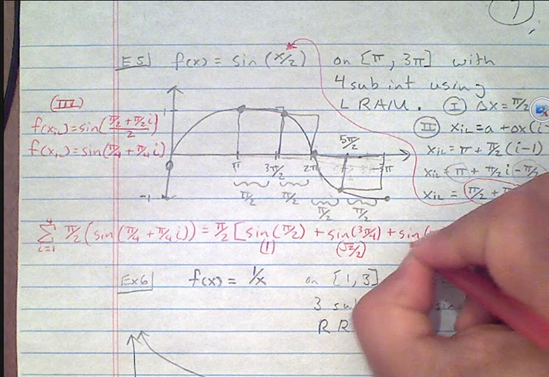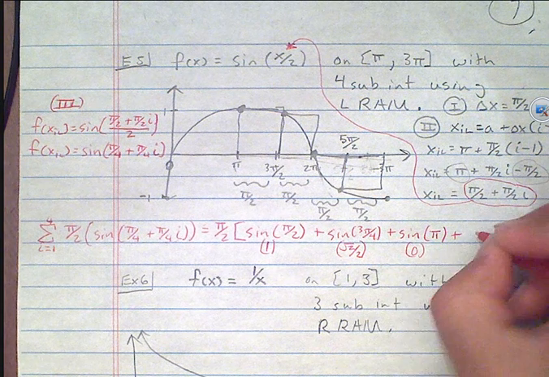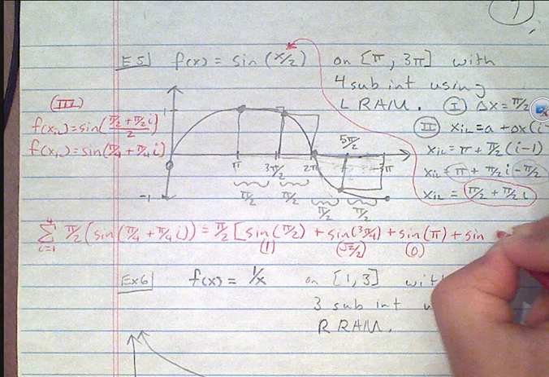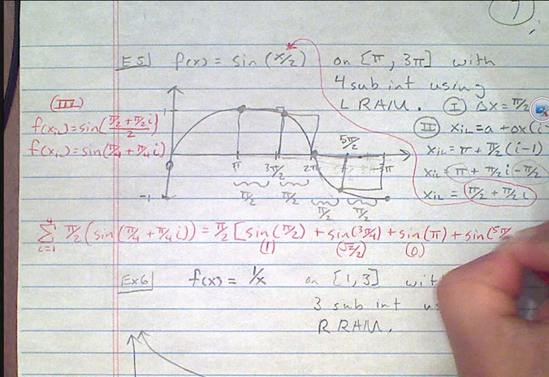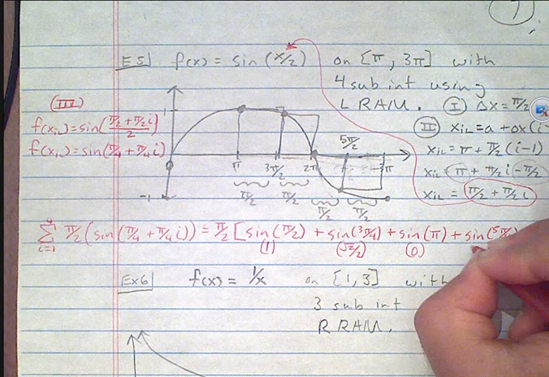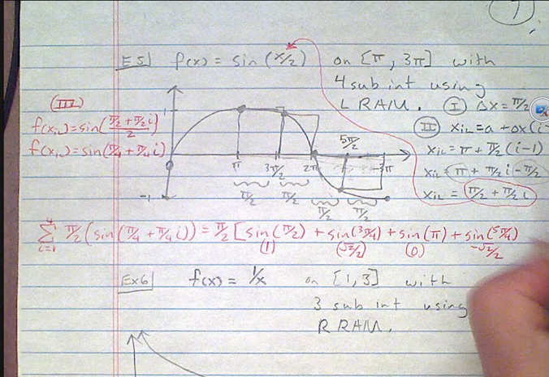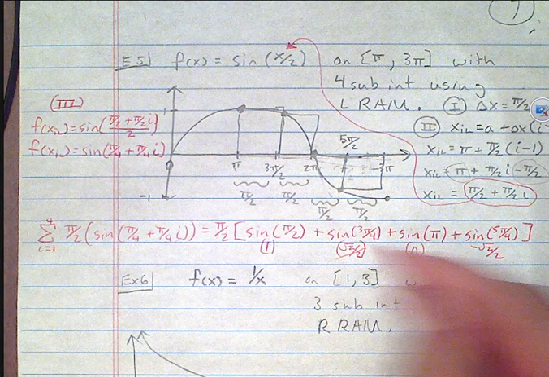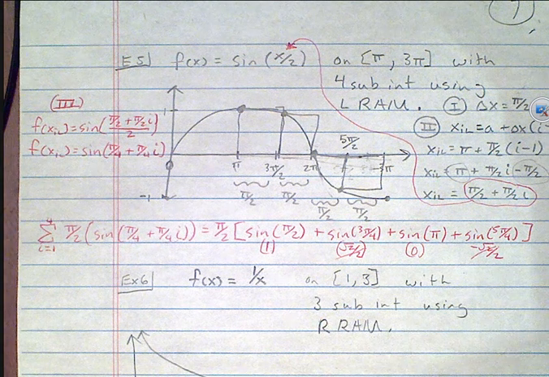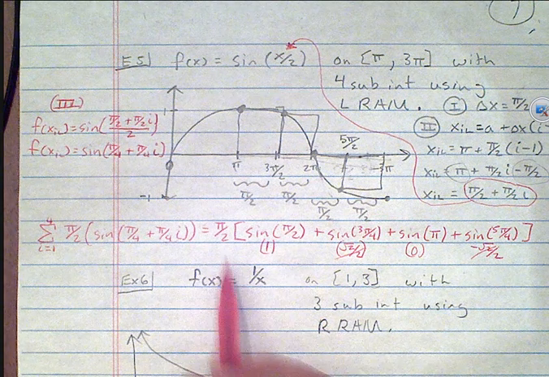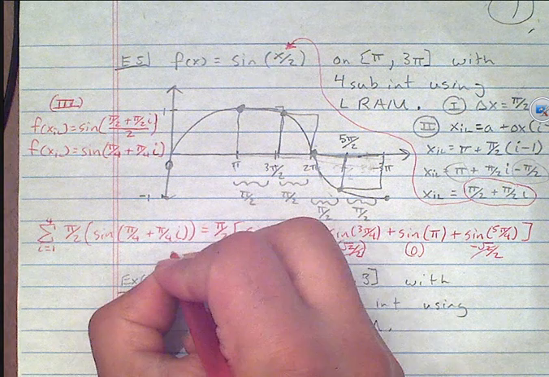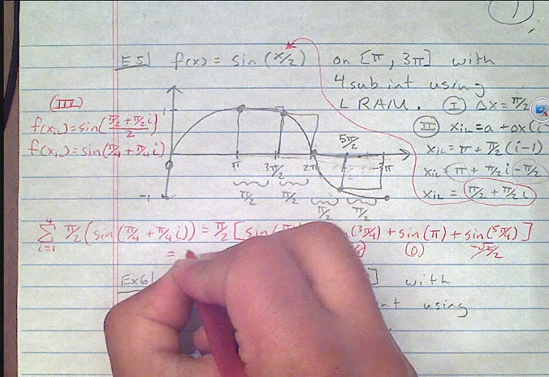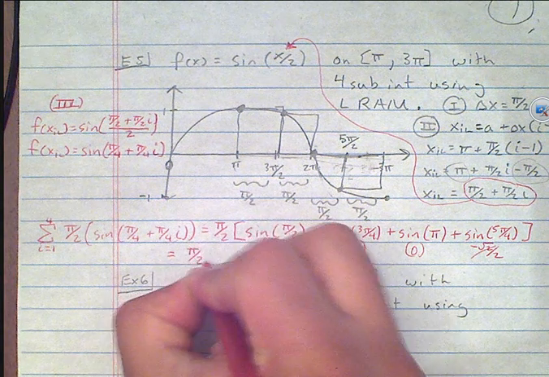I like that one. And the next one will be sine of 5 pi over 4, which is negative square root of 2 over 2. Well, this is lovely because these two cancel out, and I'm left with 1 times pi over 2. So my answer is pi over 2 units squared.